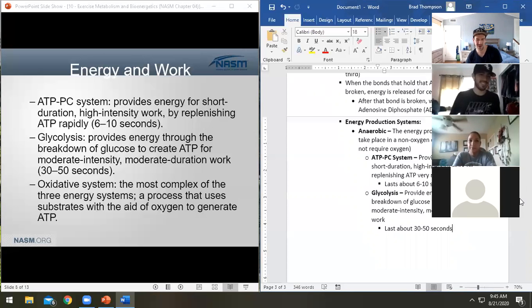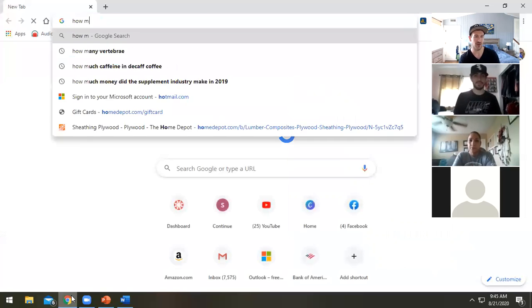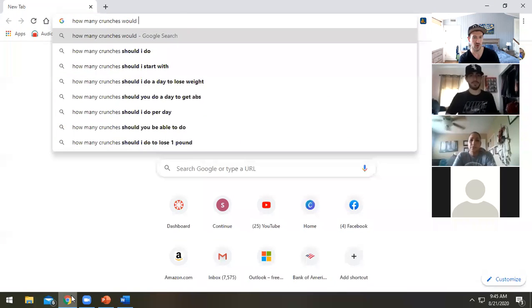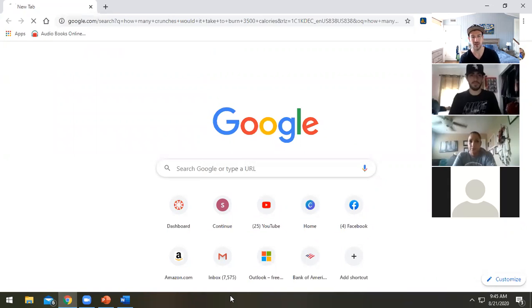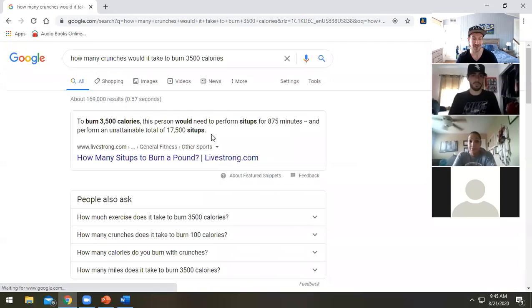You know, so that's what's kind of funny. I actually used to look this up and show people how many crunches it would take to burn 3,500 calories. If we know there's 3,500 calories in a pound of fat, it would take you 17,500. Now here's the thing. I also don't burn 3,500 calories in a workout.